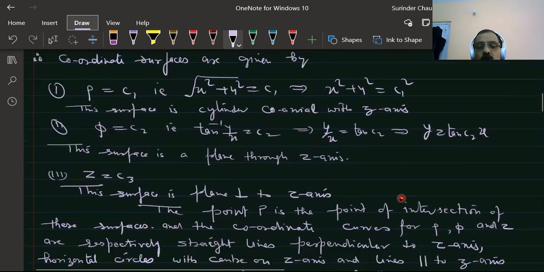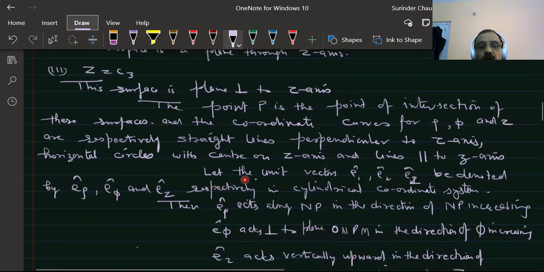So coordinates are given to us. Now let the unit vectors e1, e2, e3 be denoted by e rho, e phi, e z respectively in the cylindrical coordinate system.